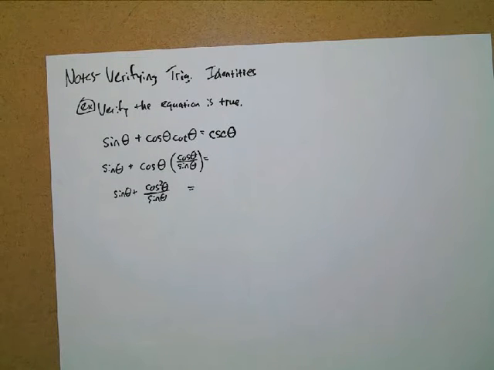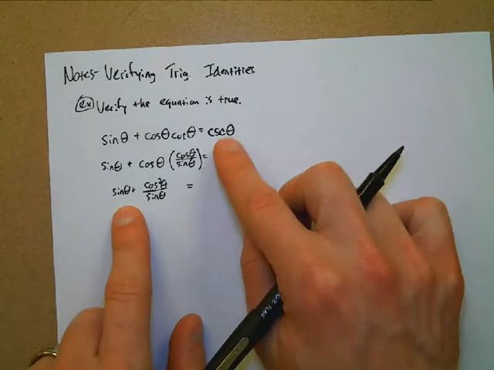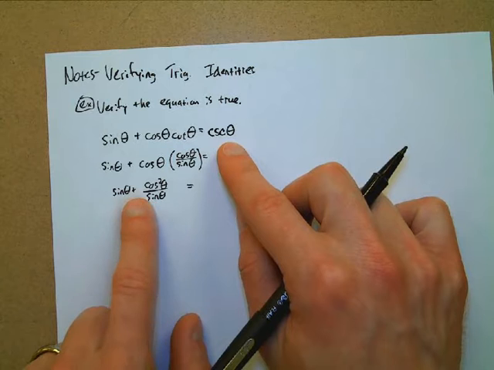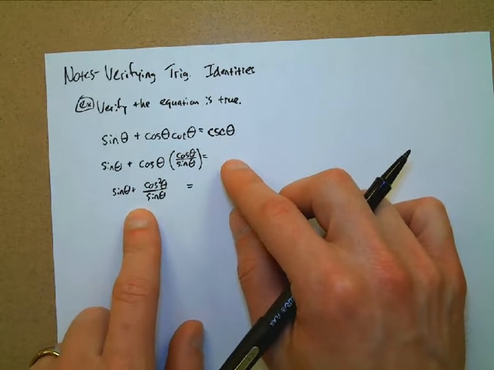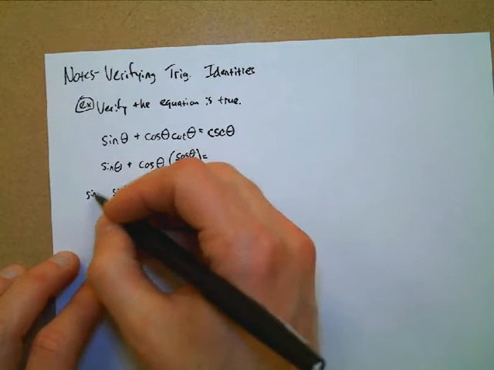So again, let's take a look here. We've got a sum of two things, but we want to get just one thing. To be able to add these two things together, what do we need? Common denominator. What will our common denominator be? Sine of theta. So we'll have to multiply here by sine theta over sine theta to get that common denominator.